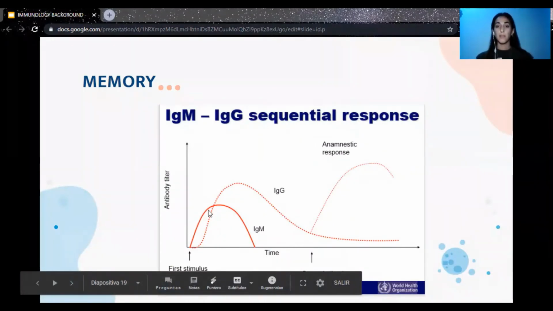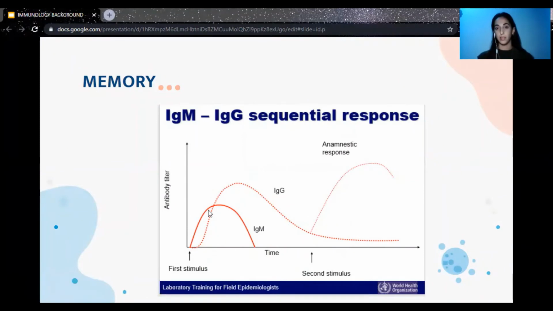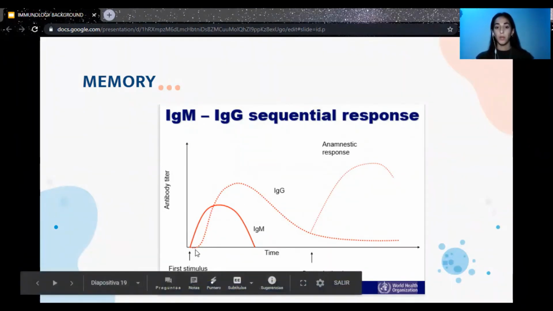Also, some B cells are preparing a better, more specific antibody with a different effector function, and that's IgG. So when my body is ready to secrete IgG, it is going to lower the production of IgM and produce IgG.